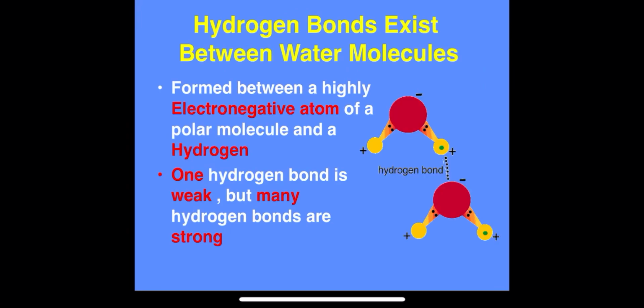Hydrogen bonds exist between water molecules. They are formed between a highly electronegative atom of a polar molecule and a hydrogen. One hydrogen bond is weak, but many hydrogen bonds are strong, as shown in the figure.